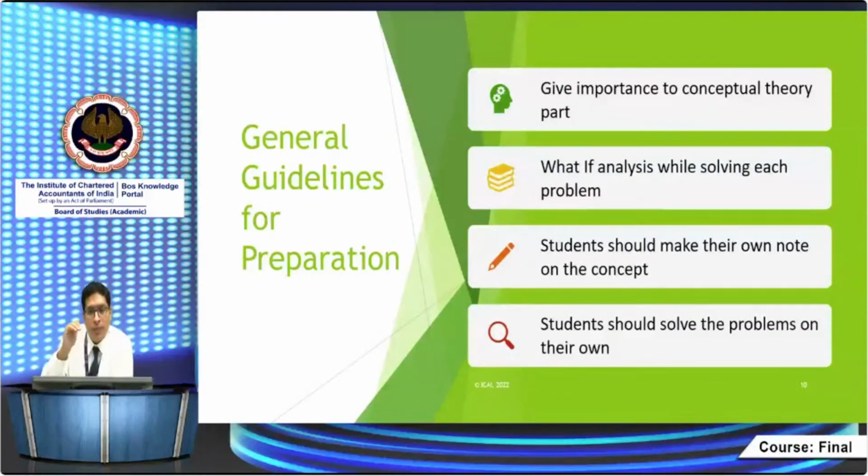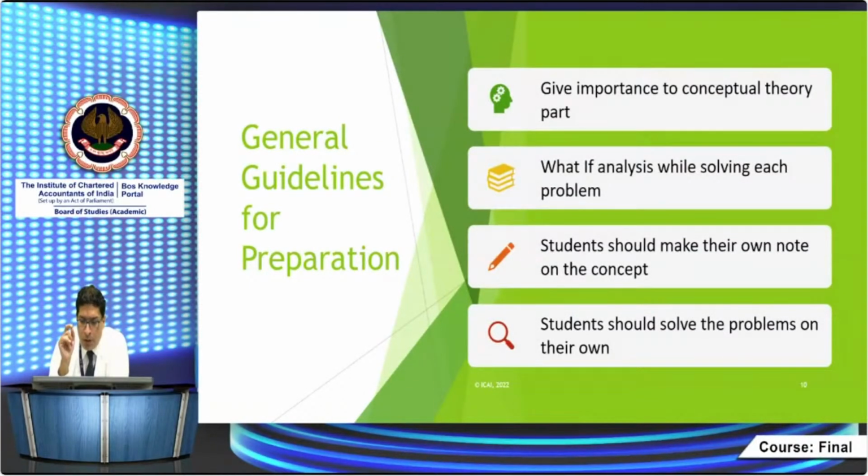It means he would be able to write only 40% of the total important content related to that particular question, because the content was first filtered at the level of Mr. Y, then again filtered at the level of Mr. X, and finally in the exam it remains 40 out of 100. Therefore, it is very important to make your own notes. अपने notes बनाने बहुत जरूरी हैं, otherwise स्कोर करना बहुत मुश्किल हो जाएगा.